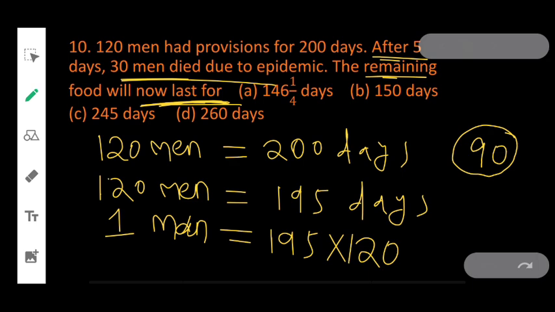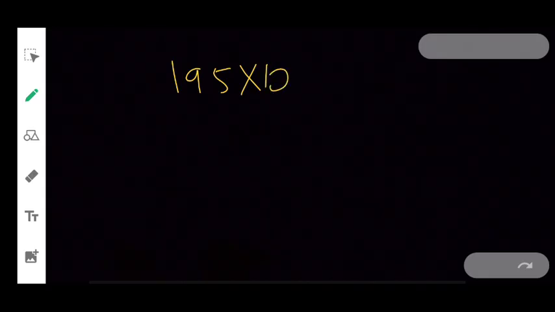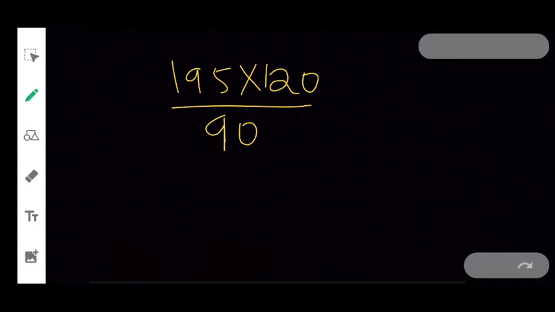So remaining are 90 men. So 90 men had a provision for 195 multiplied by 120 divided by 90, because this is inverse variation.